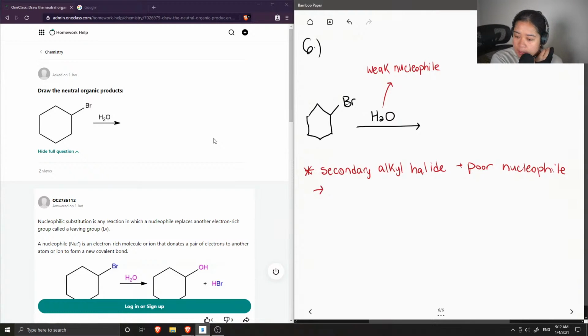So this tells us that the reaction can proceed through two different mechanisms. One is the SN1 mechanism, or an elimination reaction, so E1 mechanisms.